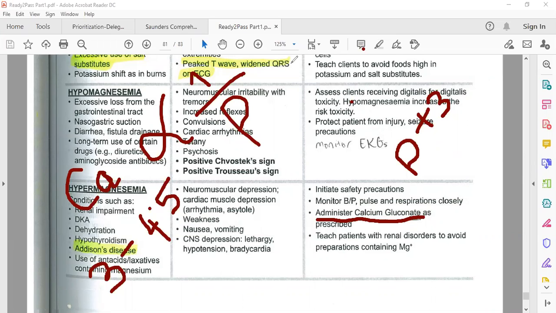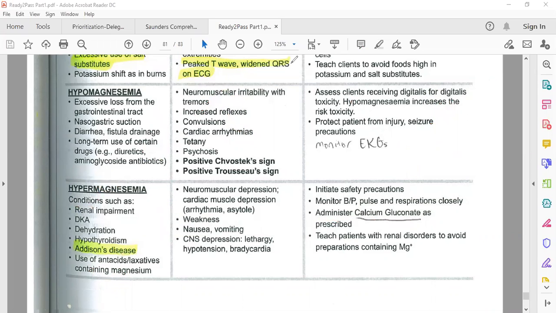Okay, so another most important electrolyte is chloride, shortly called Cl. Chloride: in normal body function, chloride helps digestion and maintains intracellular and extracellular fluid.